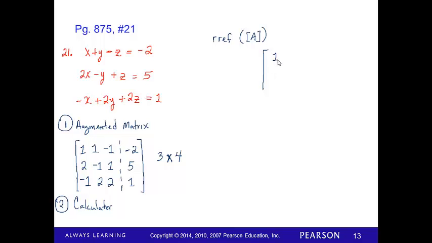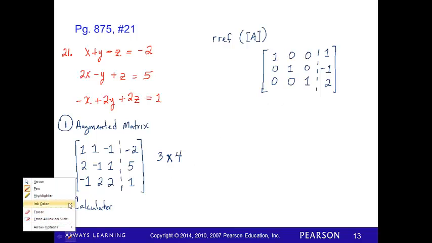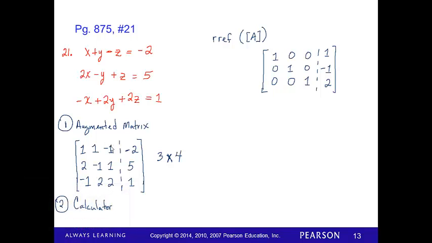So let's write it out. 1, 0, 0, 0, 1, 0. Okay, so this is the matrix that it gives us on our home screen. This is the matrix we started with. And this is our row reduced echelon form.